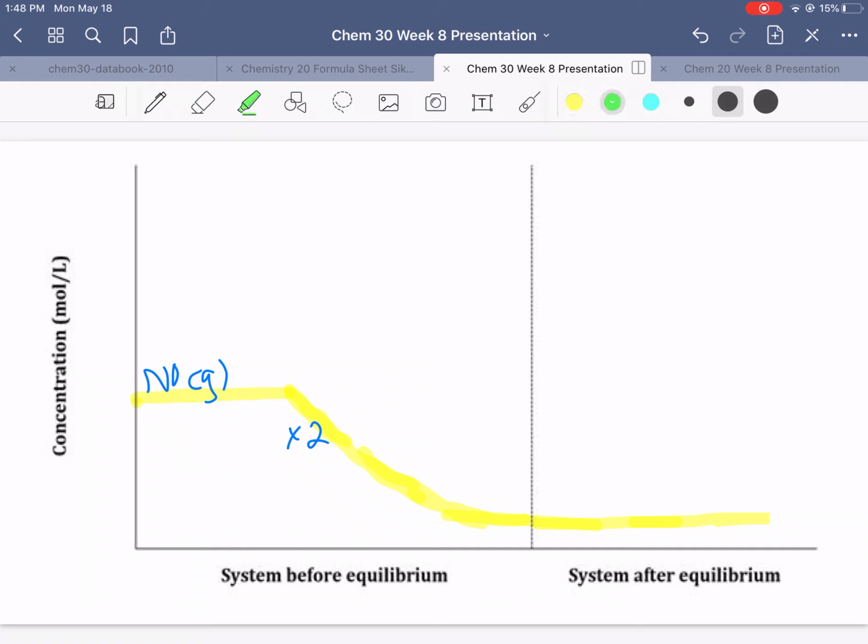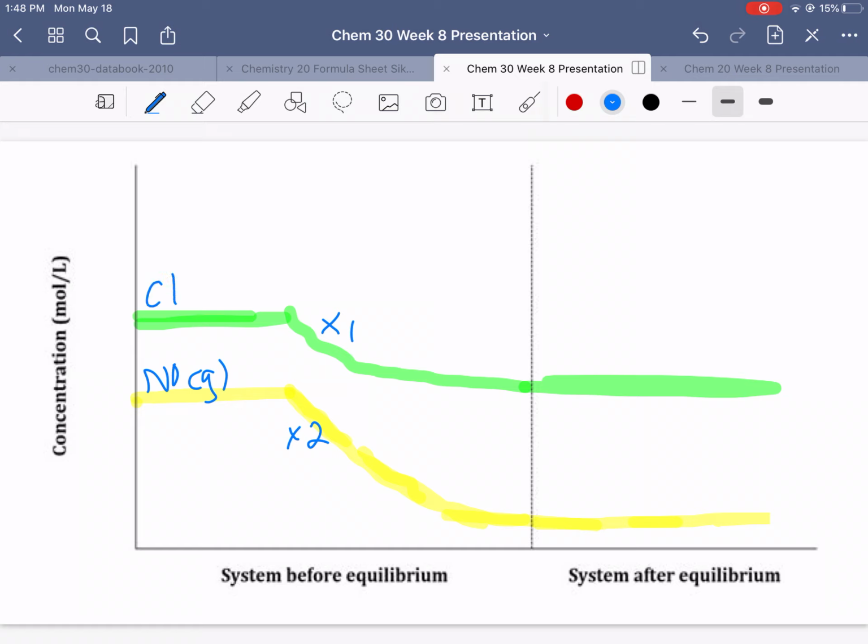Consistently then, my chlorine gas, another reactant, is also going to have to go down. Now this one's going down just by a factor of 1. So it's still sloping downwards, but not quite as steeply, right? So times 1, a factor of 1, that's the Cl2 gas. On the other hand, the nitrogen and oxygen chloride gas is going to be going up.